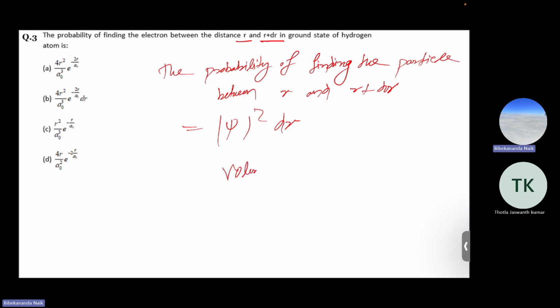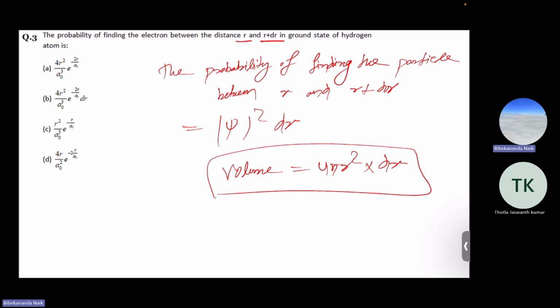We know volume is given as 4 pi r square into dr. So between r and r plus dr, the volume it will cover is 4 pi r square into dr. If we are taking the integration, it should be taken over the whole range of theta and phi, but here we only take the range dr. So it will be psi mod square dr into the integration over theta and phi components d theta d phi, and this is a total of 4 pi.